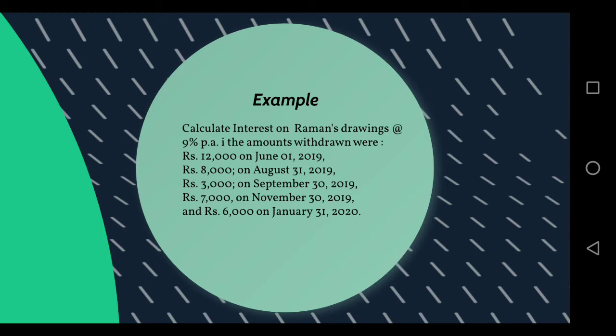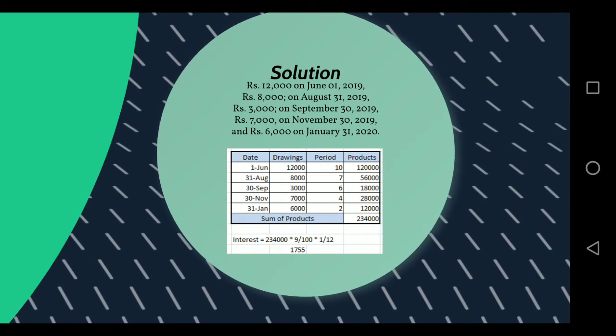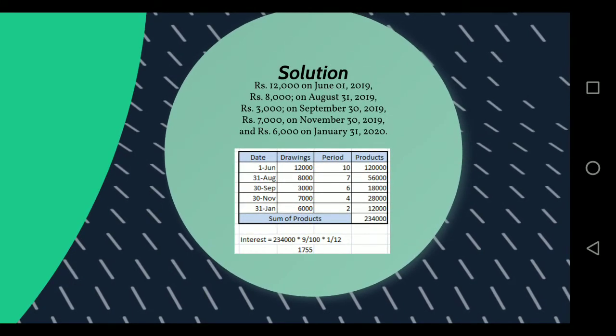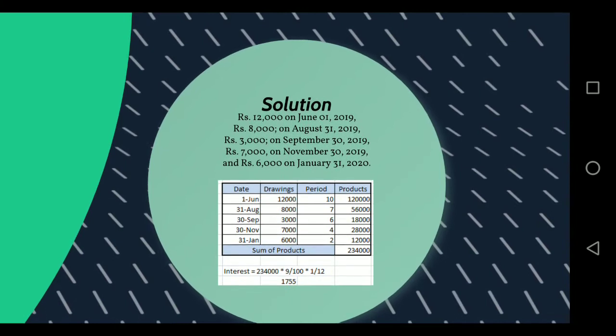So these are different dates, and as we have from June to January, that means we are following financial year April to March. So what we do in such case, we draft a table, and in that table we first write the dates and then we write the drawings.